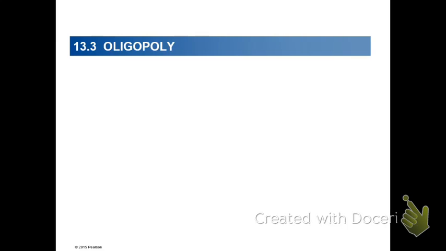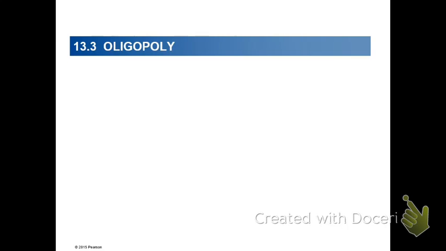Now, every market is characterized by some unique feature in our economics. One could argue that perfect competition is characterized by homogeneous goods. Monopoly is characterized by a single producer and monopoly pricing power.